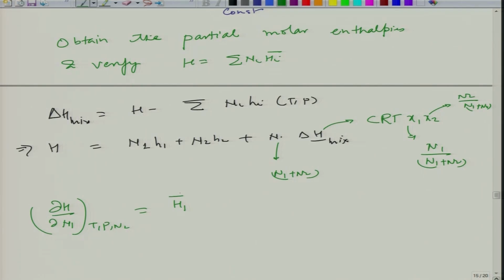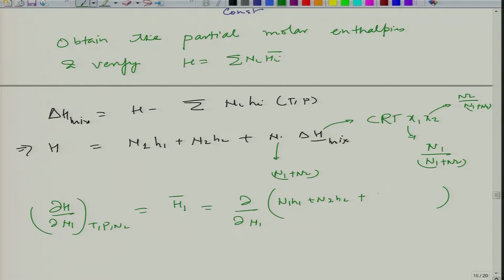This will become H1 bar, and that will be the differentiation with respect to N1, whatever I am going to put here. So, that is going to be N1 H1 plus N2 H2 plus CRT N1 N2 divided by N1 plus N2. If you expand it, this becomes N1 N2 divided by N1 plus N2 square, but N1 and N1 plus N2 also are in the numerator.